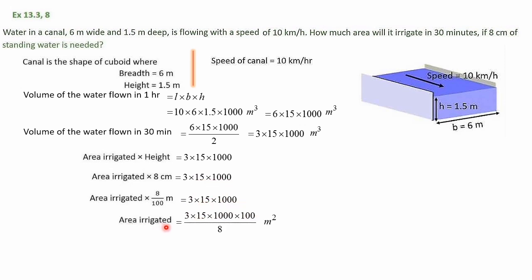Here area irrigated is equal to, just cross multiply, this 100 will come in the numerator and this 8 will come in the denominator. So 3 into 15 into 1000 into 100 divided by 8 meter square we have calculated.